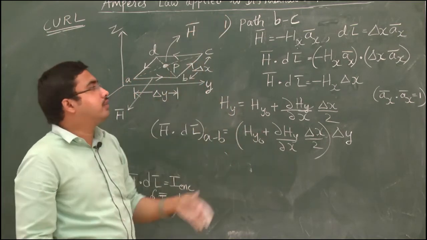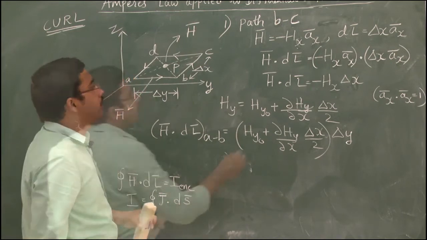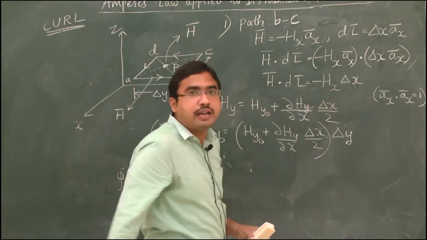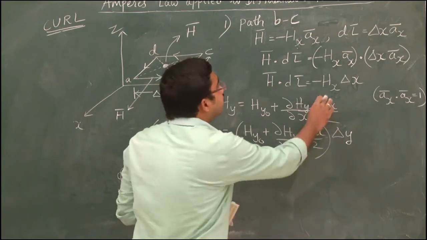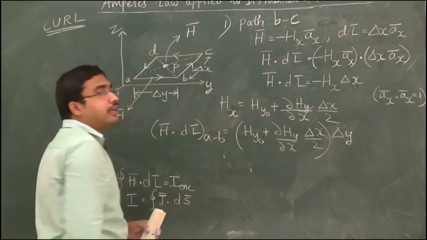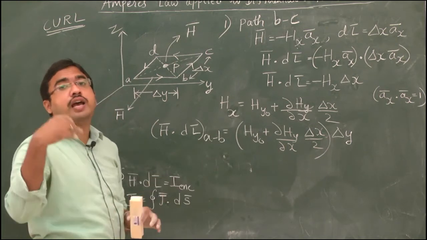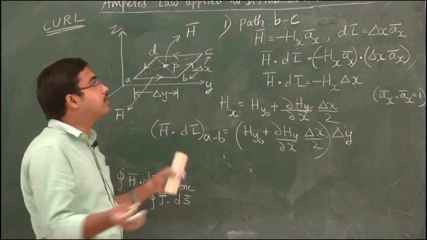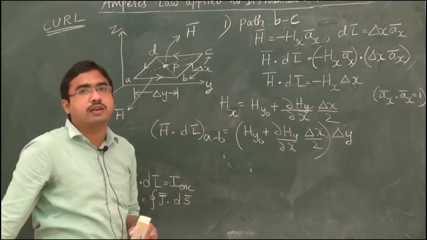So how to find that? I want to find the value of Hx. Here I am writing Hx, that is equal to the initial value of Hx when you are considering this differential surface element.